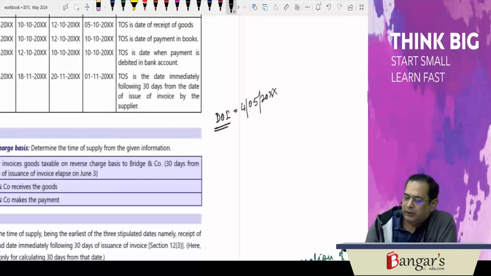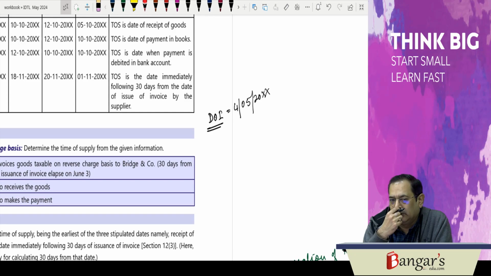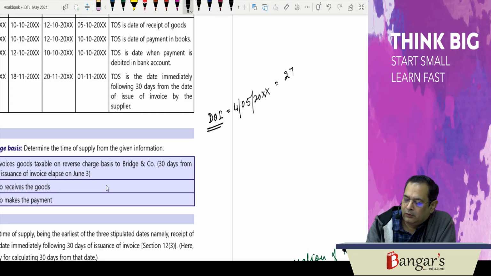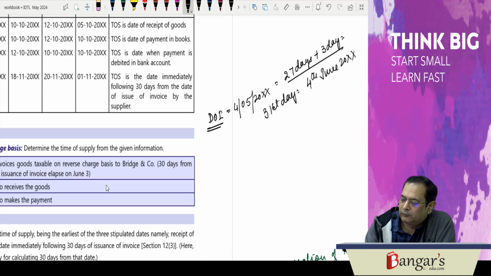And on which day does the 30 days period expire? Here 31 minus 27 days for May, plus 3 days for June, so the 31st day from the date of invoice is 4th of June.